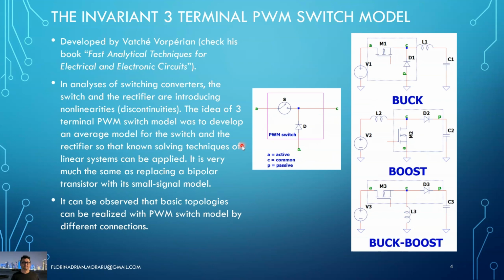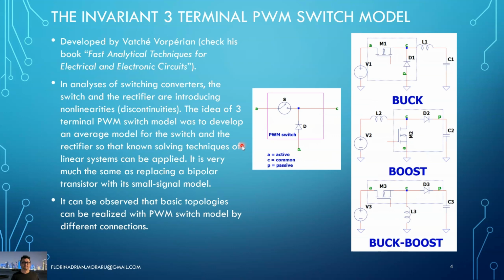We often use the three-terminal PWM switch model, which was developed by Vorperian. The idea is that all those three basic topologies are presenting discontinuities because of this switching behavior, turning on and turning off of a MOSFET. And we have switched current waveforms. So in principle, we have a system with discontinuities.